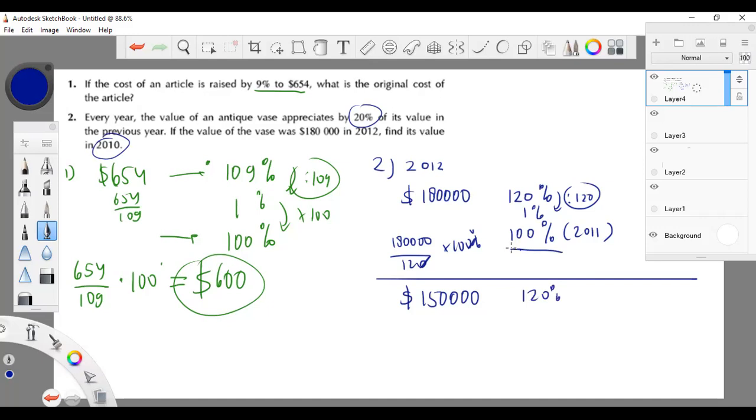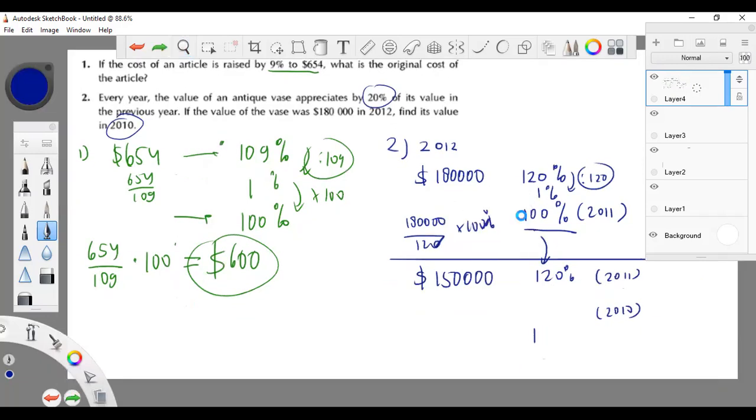So the 100 changed to 120 from the previous year, because it is 2011 and you want to find 2010. So you have to find the other 100%. How do you do this? Again, you put 1 here, so divide by 120. So this number 150,000 divided by 120, and then you multiply by 100.